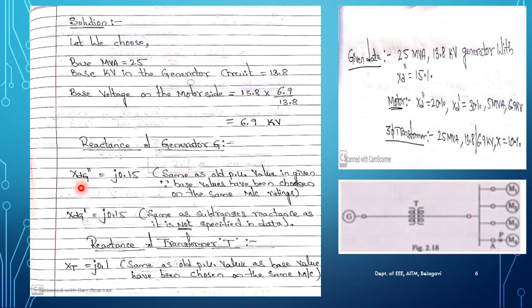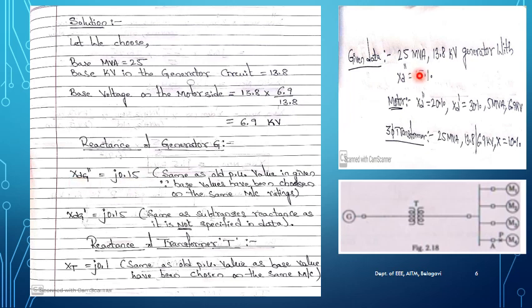We start with the subtransient reactance for the generator G, which is already given in our problem statement. The subtransient reactance of the generator is given as Xd double dash, 15%. If you convert it, it will be j0.15.